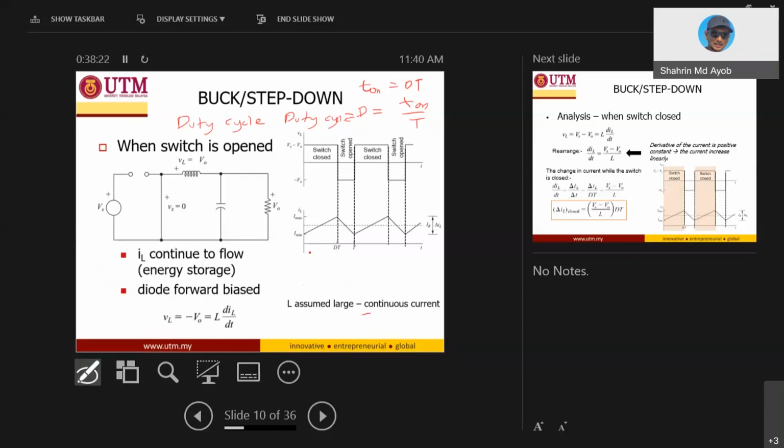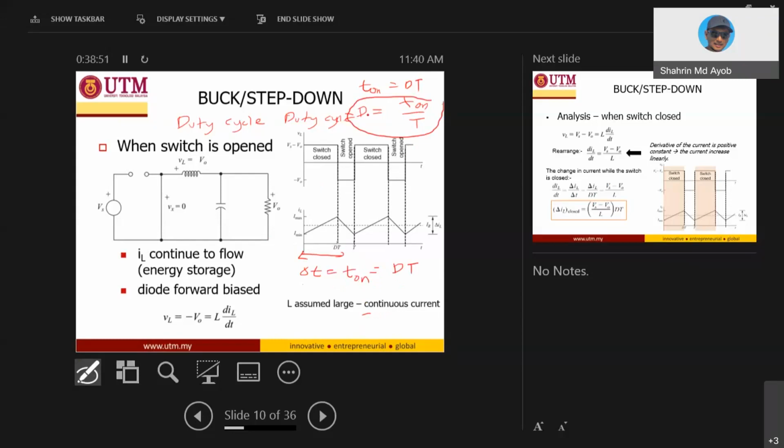If you are confused, actually this one we call delta T, right? And this delta T is equal to T on. And this T on is equal to dt. Or refer here: D is equal to T on over T, right?